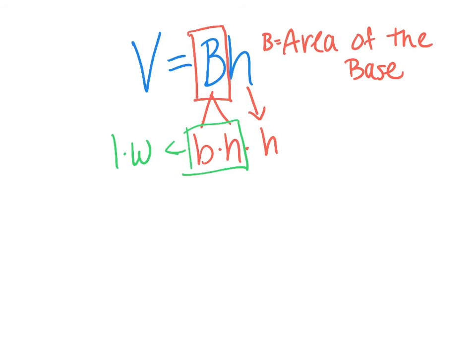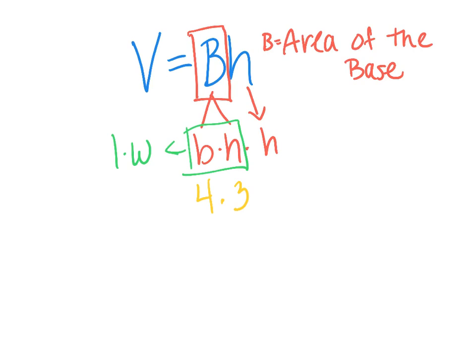So, for example, on this specific rectangle, we have a base of 4. So 4 is the base. The height of the bottom rectangle is what? 3. And the height from base to base, pay attention before y'all go too far, is 5.